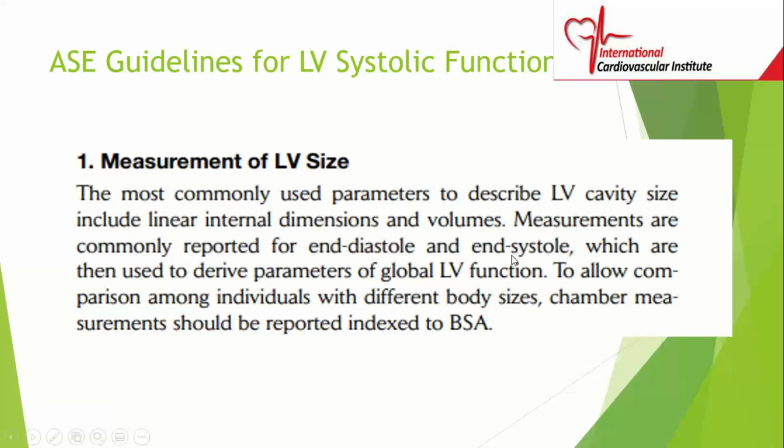We need to see how big the heart is in diastole, because one indication that something is wrong with the heart is its size. If the size is very large in diastole, then you may have a problem. Also, in end systole, if the heart is not able to pump sufficient blood out, the end systolic dimension is going to be significant.